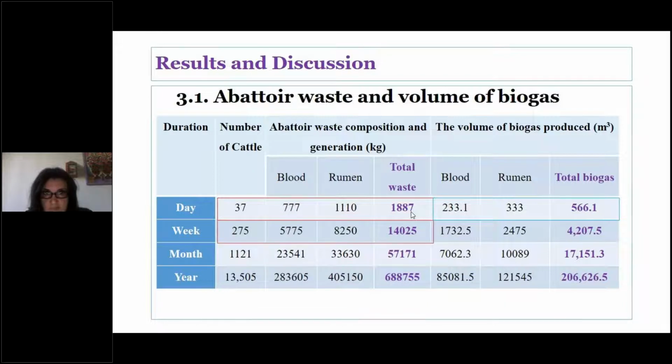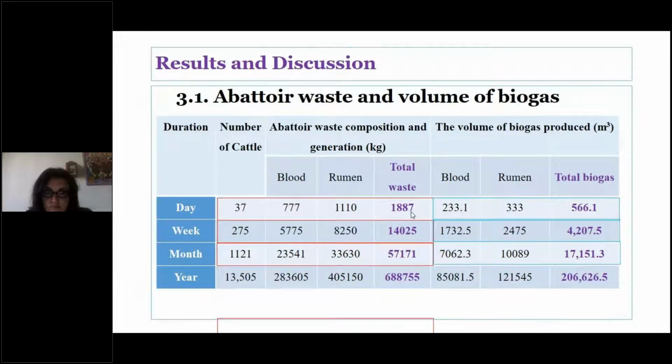Weekly, from 275 cattle, more than 14,000 kilogram of waste will be generated. From this, a total of around 4,207.5 meter cube of biogas could be generated.